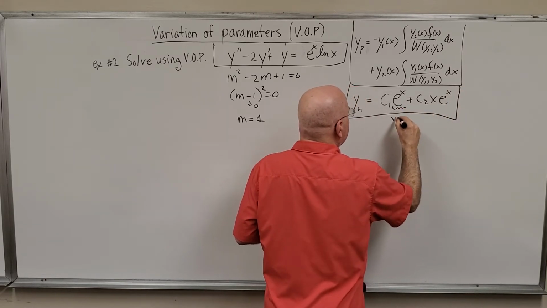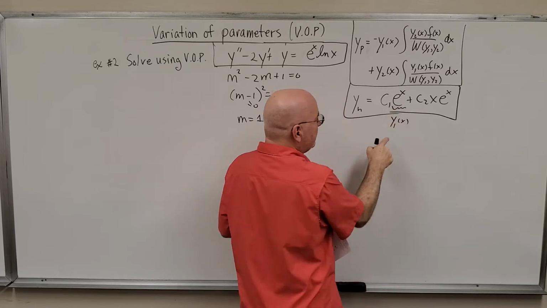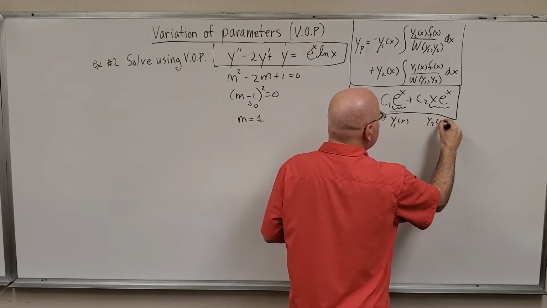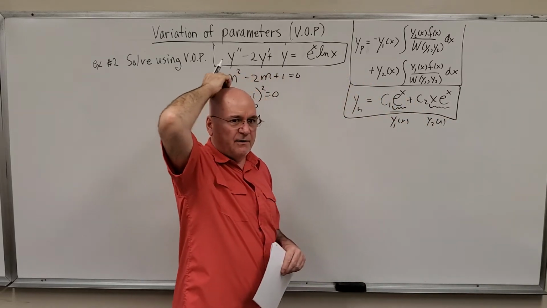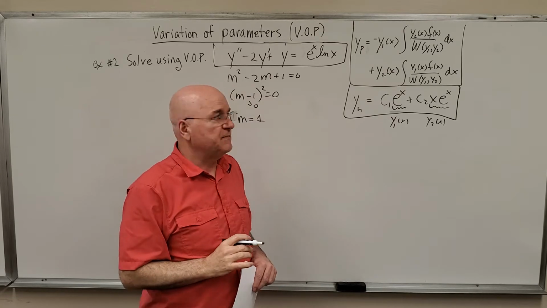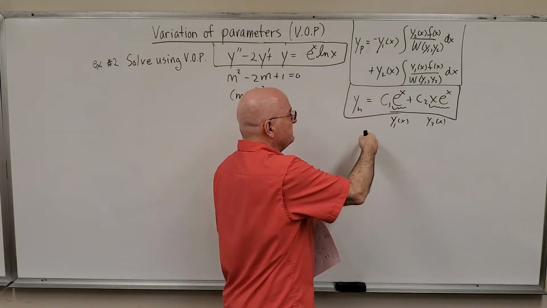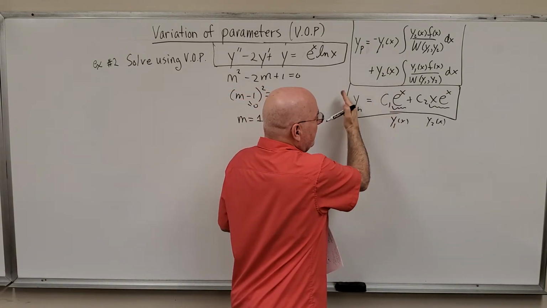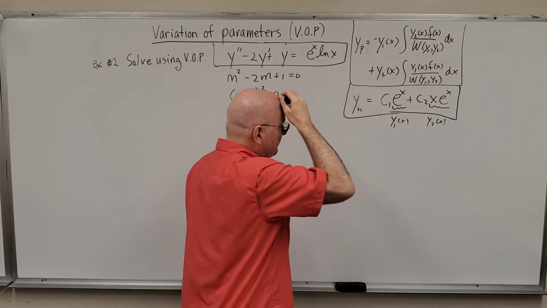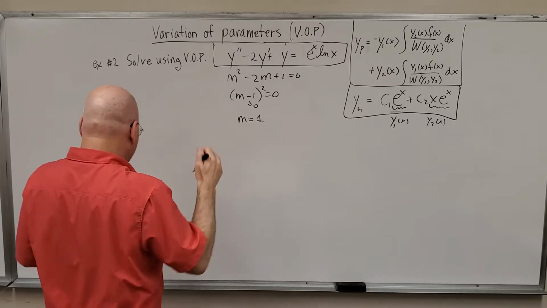So e to the x is our y1 of x, and x e to the x is our y2 of x. In the previous video, I didn't mention why we dropped the constants, but that's just the way the theorem states. You have a constant times a function, so we got rid of the constant and kept the function. That's how we define y1 and y2.